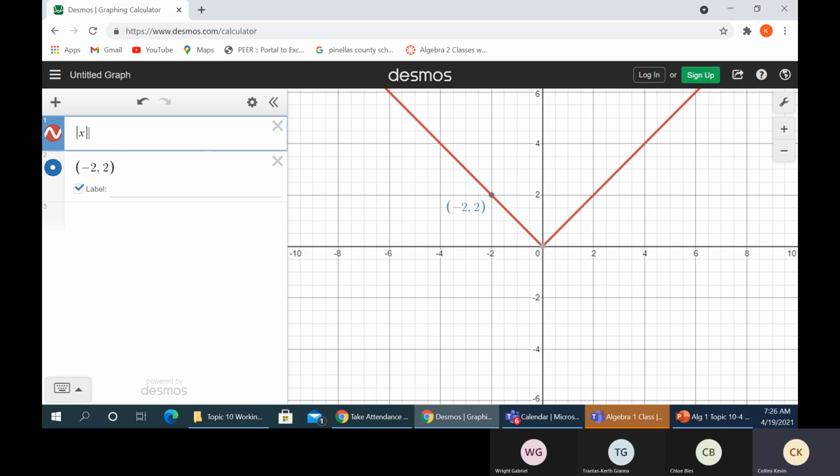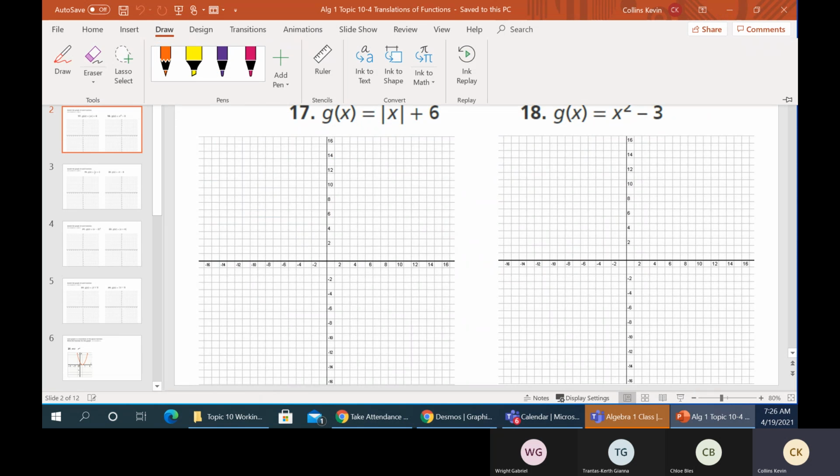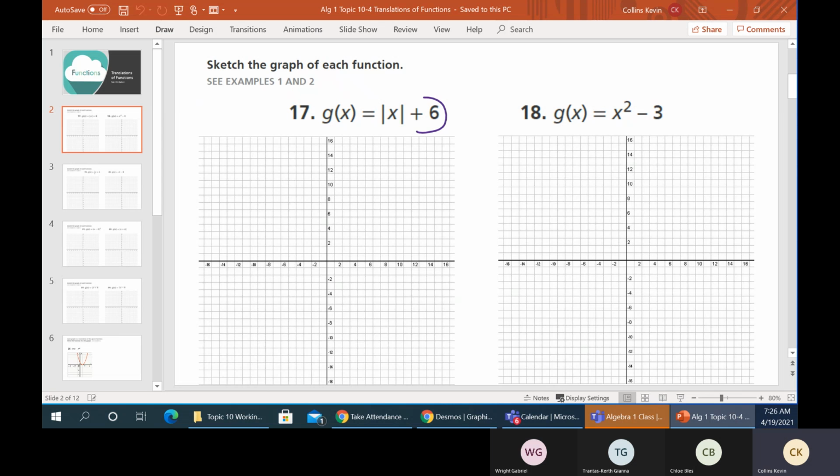So let's go back to our problem here. This says absolute value plus 6. All right, so we've got a plus 6 here. Now, how does that move our graph when we put the plus 6 in there? How does that make our graph go?